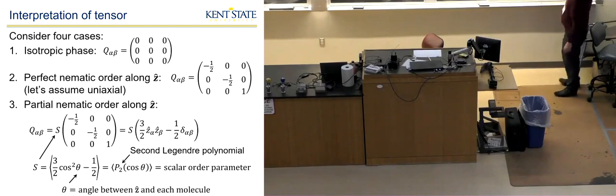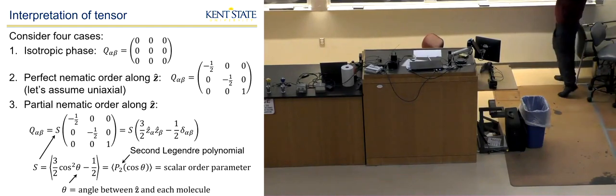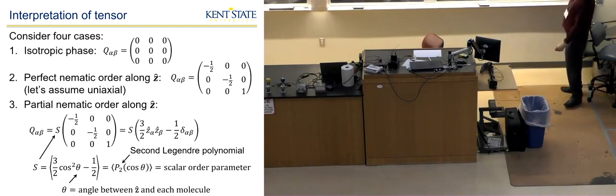All these other components here are 0. Lx is always 0, Ly is always 0, so this is always 0 times something. So this part of the tensor is 0, 0, 0, 0, 0, 0, 0, 0, 1.